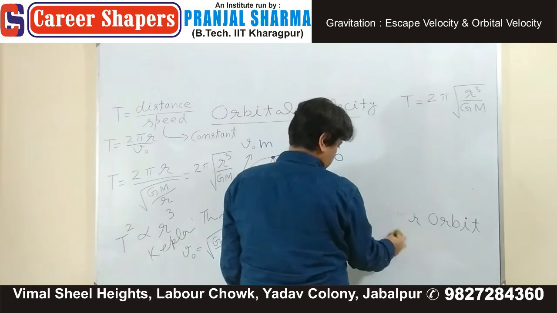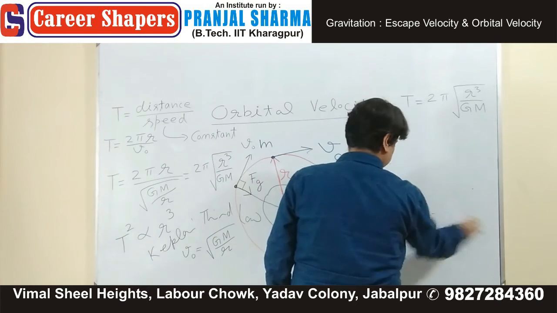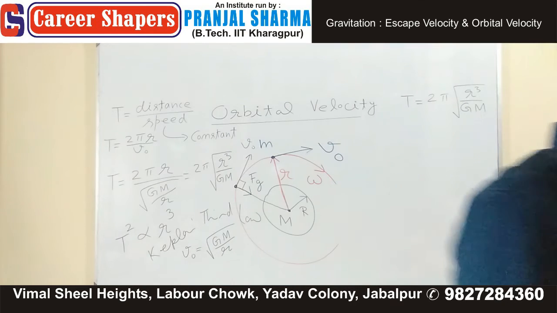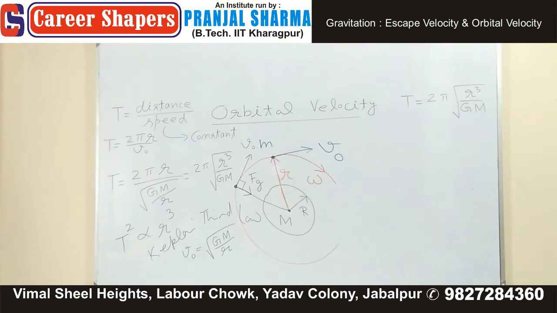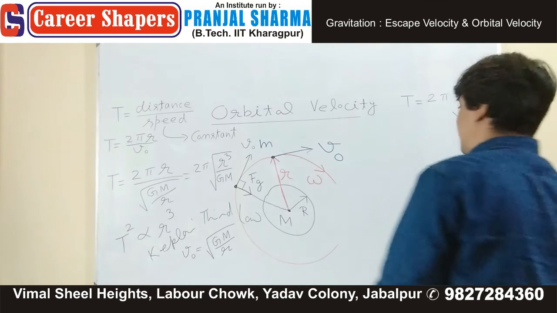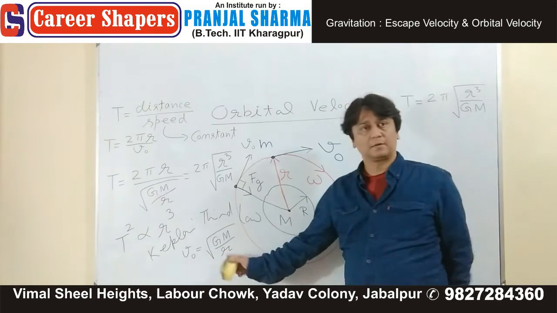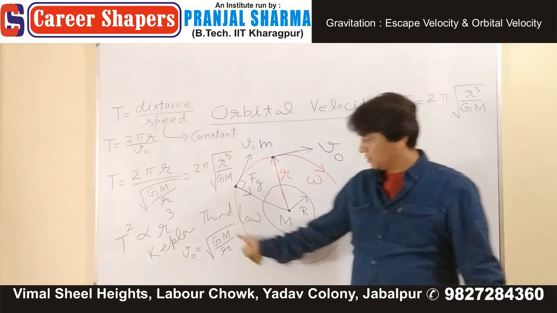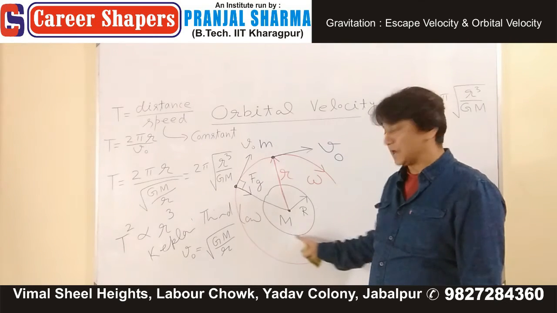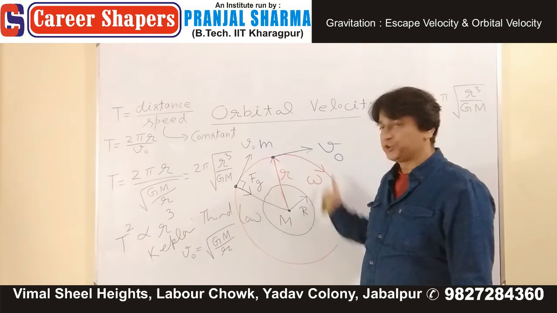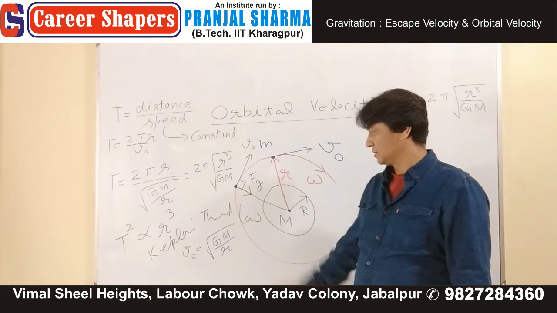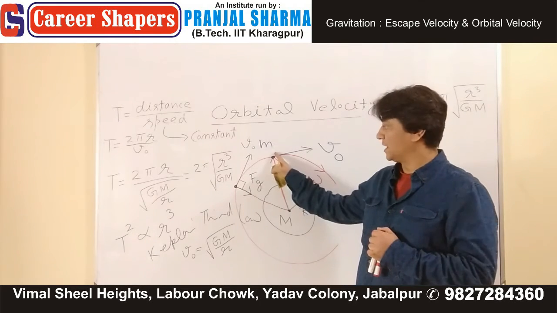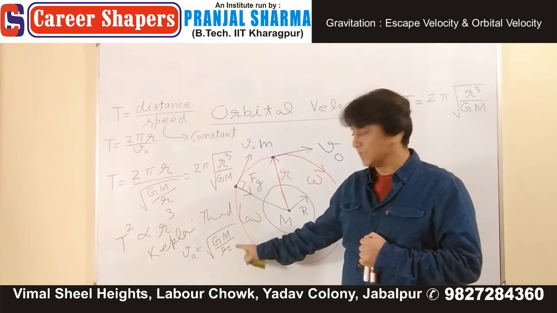It increases or decreases? And everybody can see that it remains the same. Why? Because this M is the mass of the planet around which your satellite is revolving. Small m, which was the mass of satellite, is not present in this.